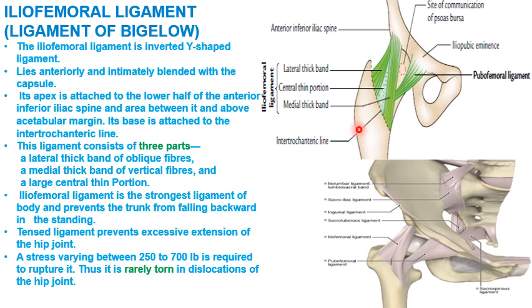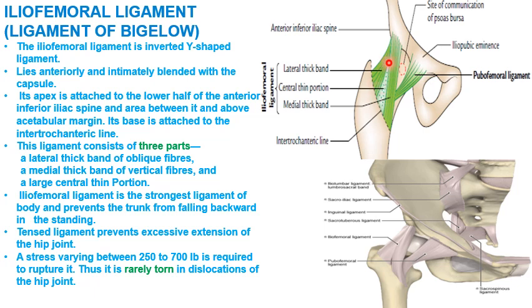In erect posture, the line of gravity passes slightly behind the head of the femurs. So there is a tendency of backward tilting of the pelvis. The strong iliofemoral ligament prevents the trunk from falling backward in standing posture, and the tensed fibers of the ligament also prevent excessive extension of the hip joint.